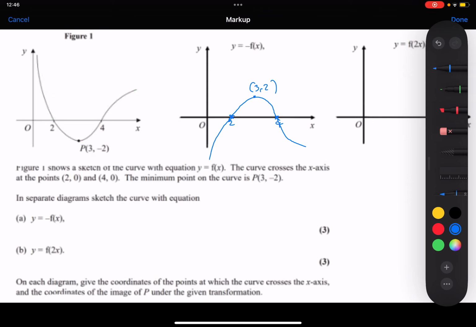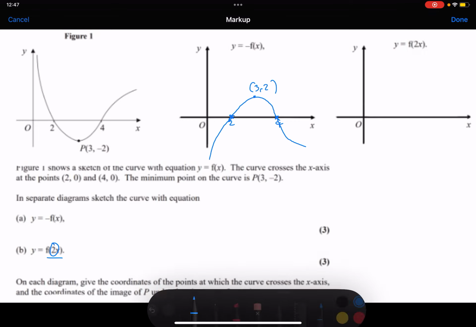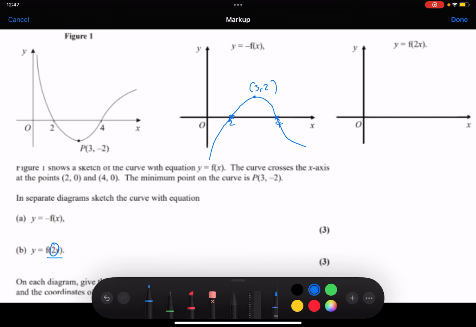Second part of this question asks me to draw f of 2x. Now that 2 is on the inside of the function, so I know that affects the x coordinates. And I'm going to do the opposite. I'm going to divide the x coordinates by 2. So my roots are going to be divided by 2. So we're now going to be at 1 and 2 instead of 2 and 4.